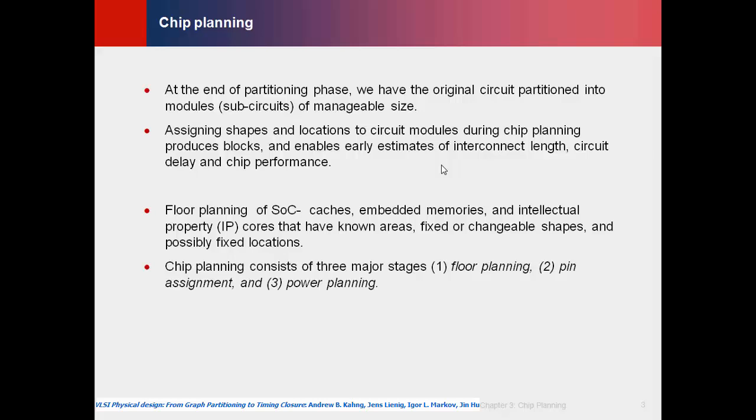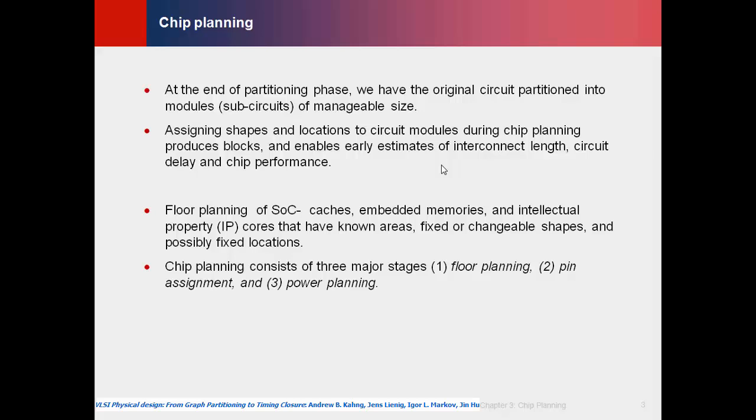As we saw in the partitioning phase, we were using some algorithms to partition the netlist. So we might have partitioned netlists which need to be floor planned. In that case, you have the different partitioned netlists, which you may call sub netlists, as the input to the floor planning algorithm.